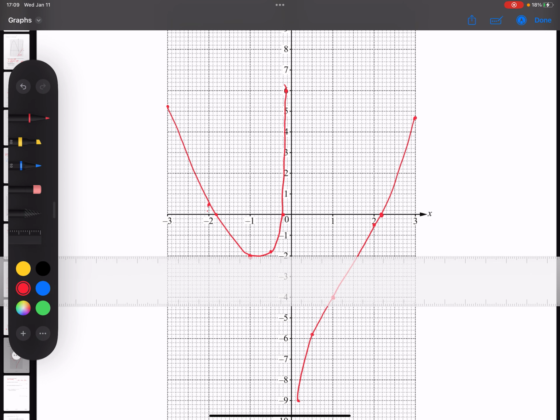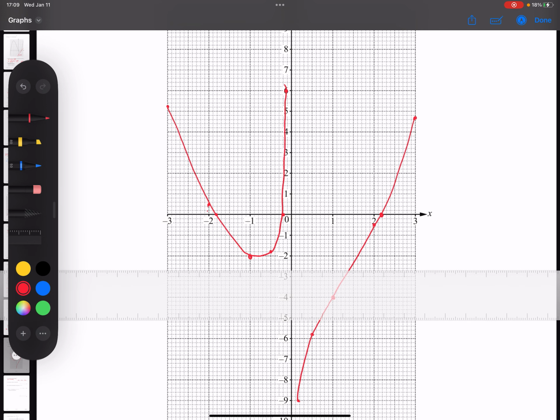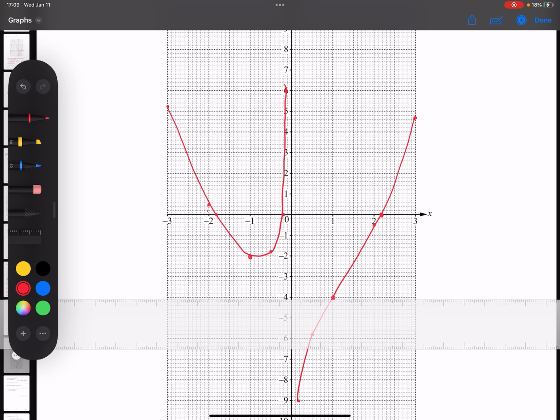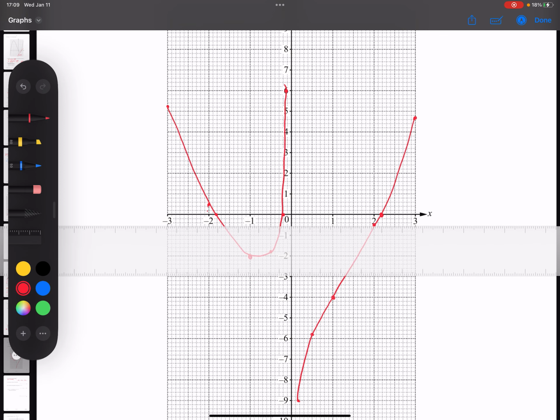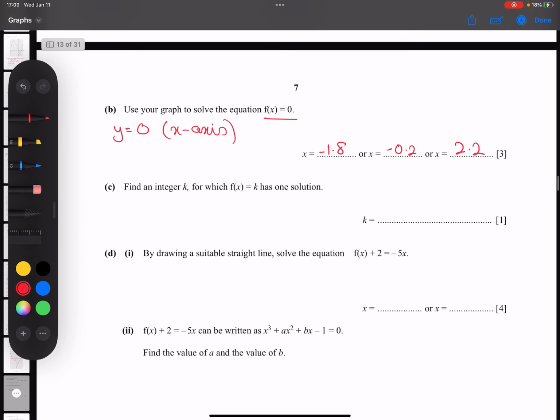Exactly at the turning point, it's 2 solutions. Below the turning point, it's 1 solution. So you can take any integer value, so negative 3, negative 4, negative 5, negative 6, any of these. I'm going to take negative 3, so negative 3 is going to be my value of k.